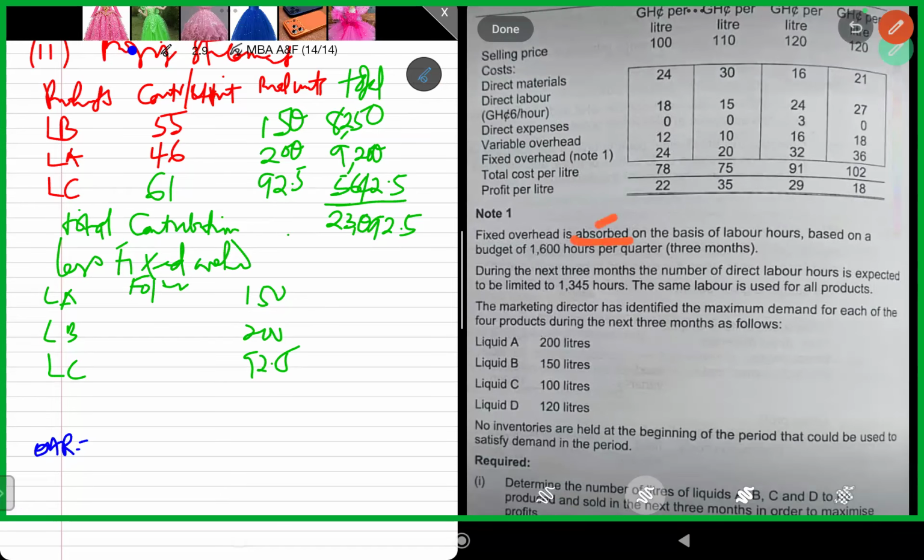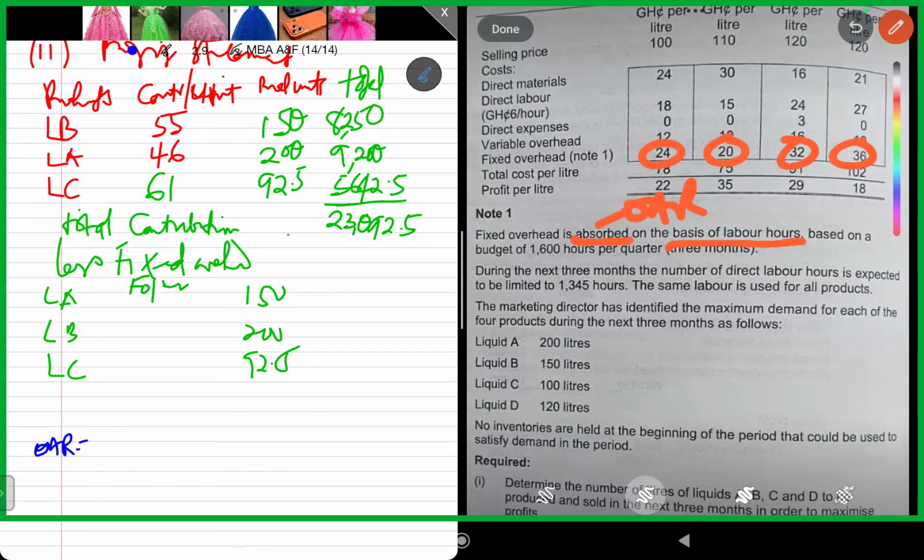So we have to find the overhead absorption rate on the basis of labor hours. Meanwhile, in the fixed overhead on the cost card, they've said it's 24 cedis per liter, not 24 cedis per hour. So these 24 to 23 cedis are all per liter. So we have to find the fixed overhead per hour, and the fixed overhead per hour is called the OAR.